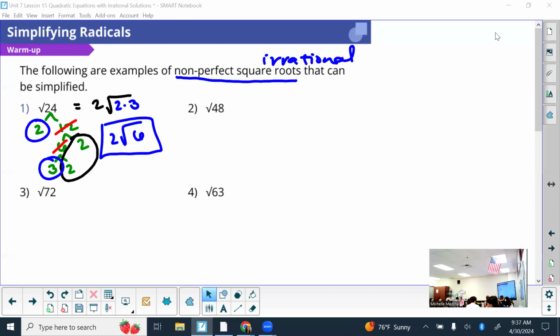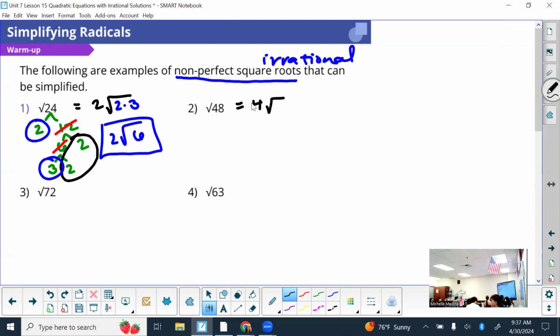So table 8, can you tell me what your final answer was for number 2 for the simplified radical? 4 square root 3, you said? Okay, let's see if that's right. Break 48 down to its prime factors, and our factor trees can look a bit different from each other, but if you do it right, we should all have the same prime factors.